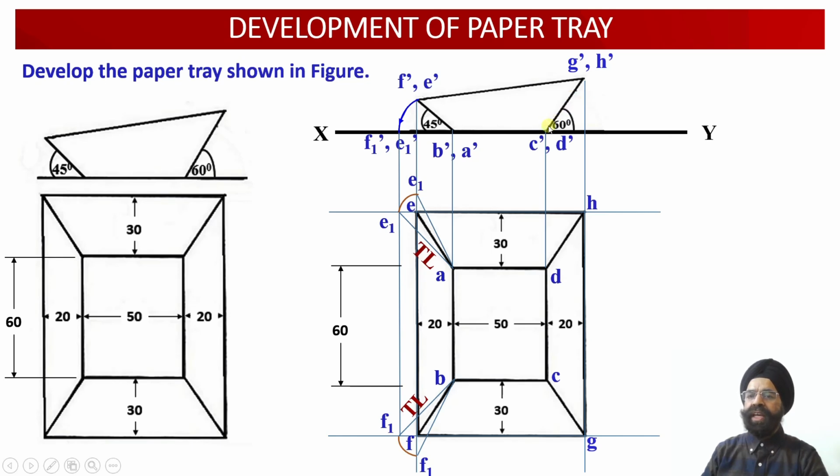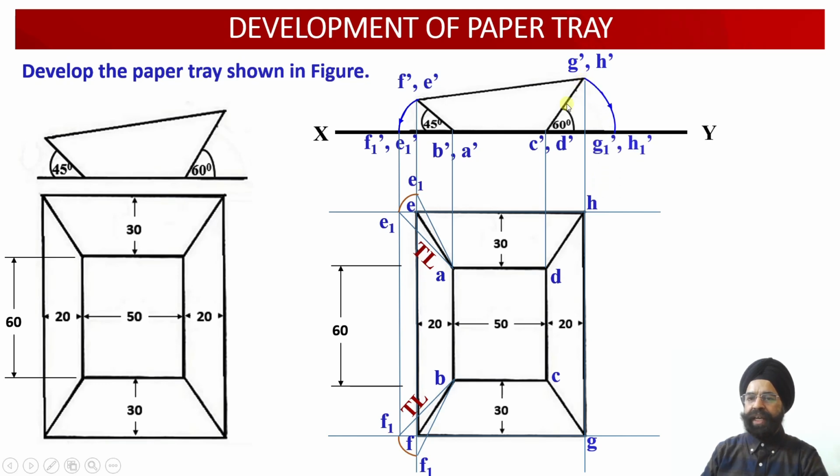So now using the principles of rotation of the line once again, with C dash D dash as the needle point of the compass, we are going to open compass equal to the radius D dash H dash or C dash G dash over here.